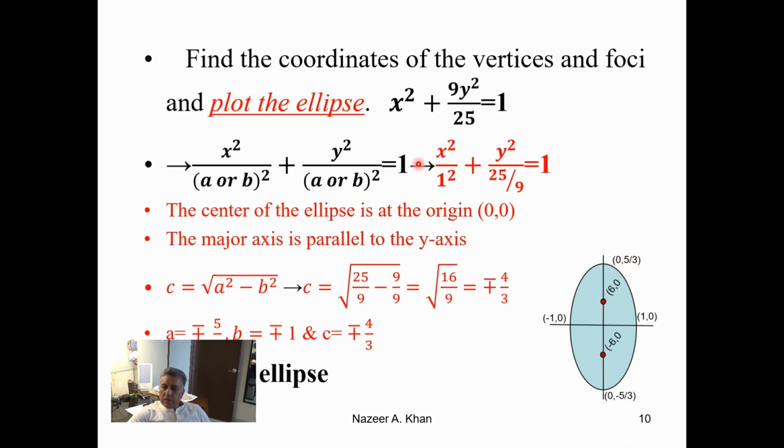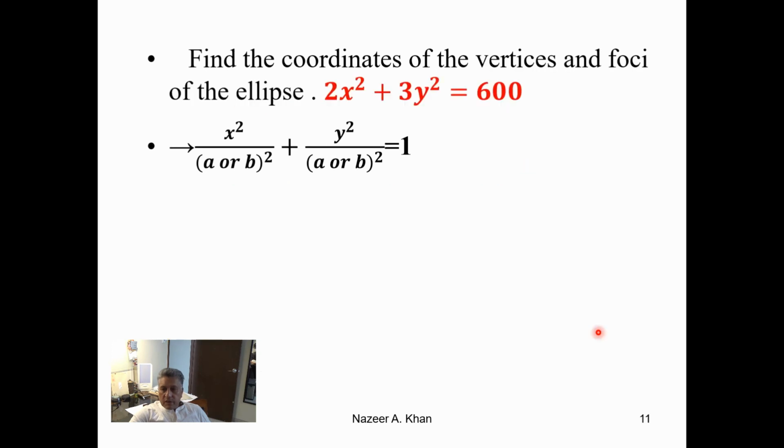When we look at the minor axis, which happens to be along the x, we have plus 1 and minus 1. And then we need to go and plot our foci. Our foci were plus or minus 4/3. I know it's along the major axis, and of course I plot that in there. And I believe that's all there is for this one, so not very much here.